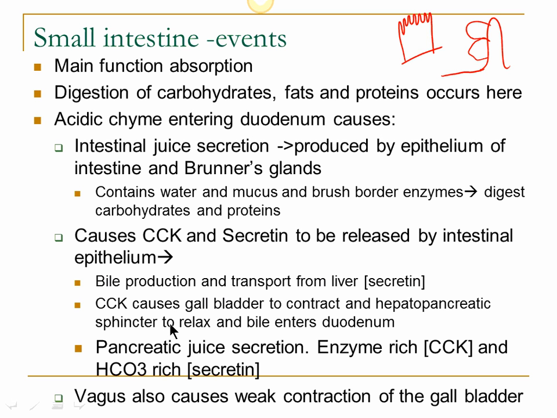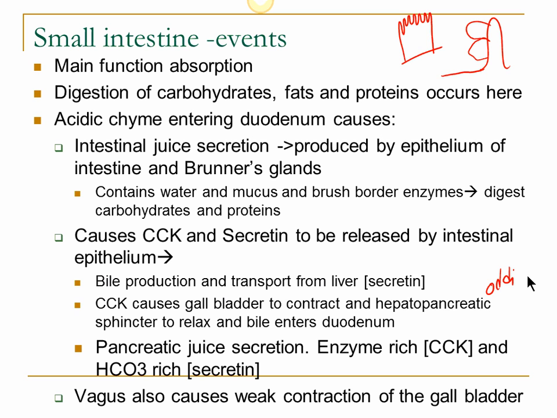Cholecystokinin, remember in the beginning, bile goes into the gallbladder to get stored and concentrated. So now from the gallbladder you need bile to come down. So cholecystokinin causes the gallbladder to contract so that it can squeeze out the bile. And then the hepatopancreatic sphincter, or what was known as the sphincter of Oddi, which was guarding the opening of the bile and pancreatic duct, you want that to relax so that bile can enter the duodenum.